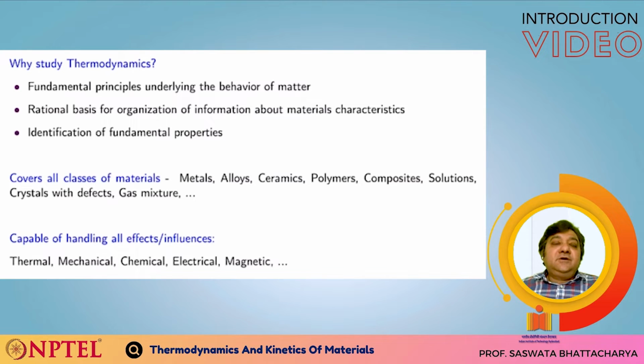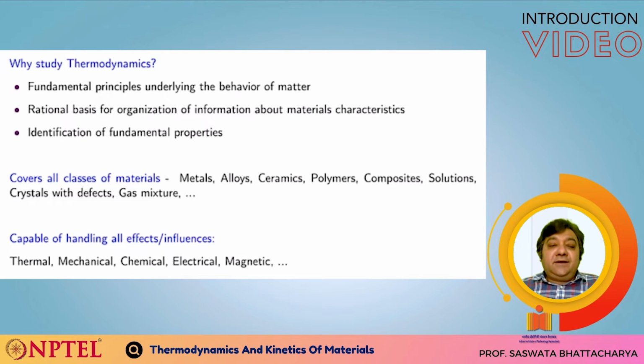That means it can take into account how a material's behavior will change when it is subjected to a thermal field, or a certain temperature rise, or when some mechanical stresses or some pressure are applied. And then, for example, if the chemical composition is altered, or if there is a chemical reaction between certain components.